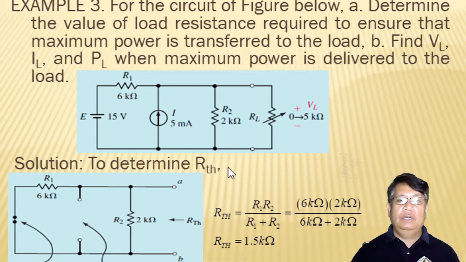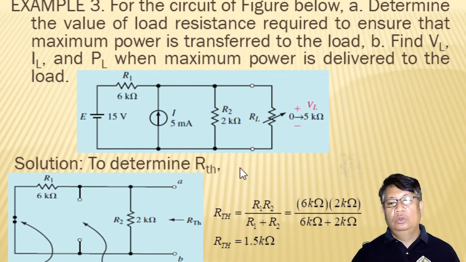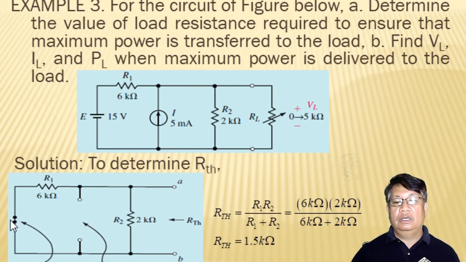So in Thevenin, to solve for the looking back resistance, eliminate all sources. Now, we have two sources, the voltage source and the current source. How are you going to eliminate the voltage source? Replace this voltage source with a wire, short-circuiting the voltage source.